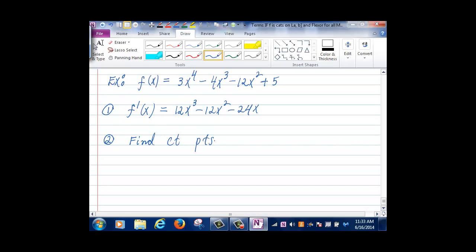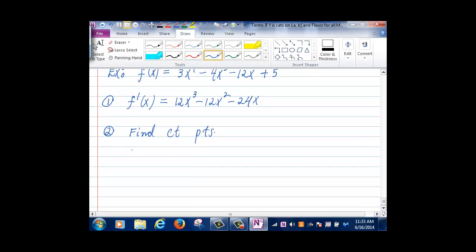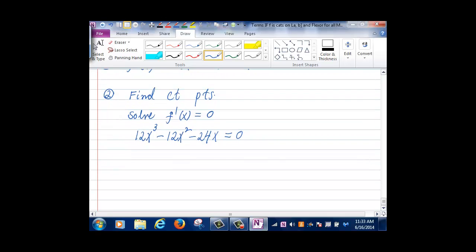So how do I find the critical points? Well, I solve the equation f prime of x equals 0, right? Which would mean that 12x cubed minus 12x squared minus 24x is 0. What can I factor out first? 12x, very good.